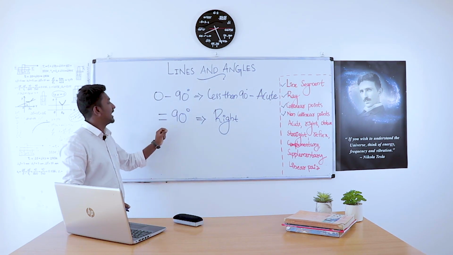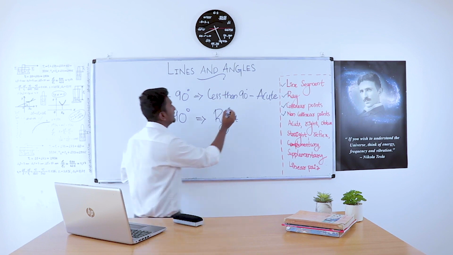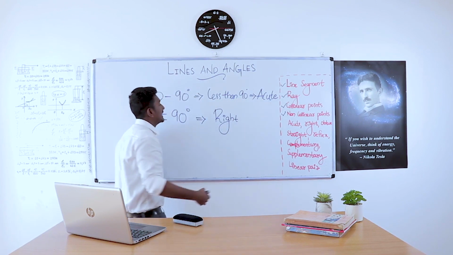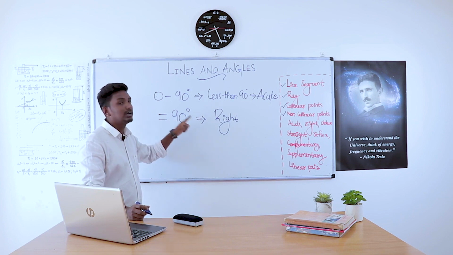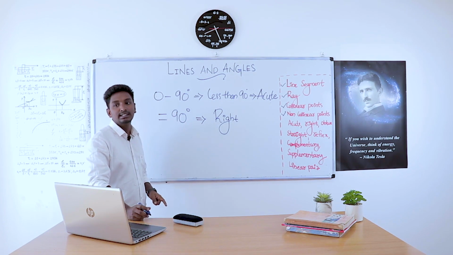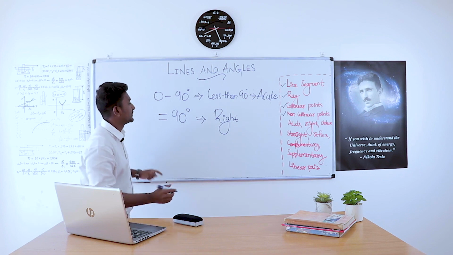If the value of the angle is exactly equal to 90 degrees, then it is a right angle. The first one is the acute angle, that is 0 degrees to 90 degrees, excluding 90 degrees, that means less than 90. If the value of the angle is exactly equal to 90 degrees, then 90 degree angles are called right angles.